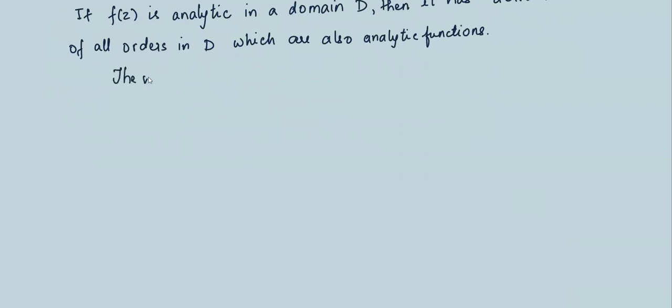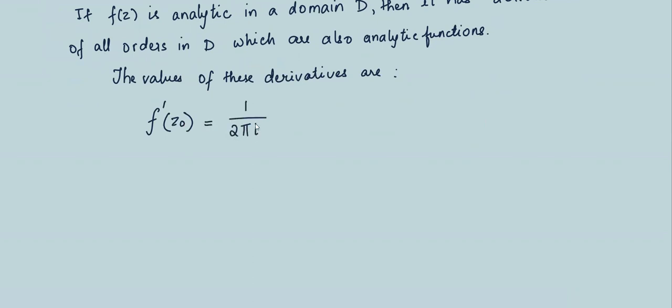The values of these derivatives are: f dash z naught is 1 by 2 pi I integral f of z upon z minus z naught the whole square dz. Okay.